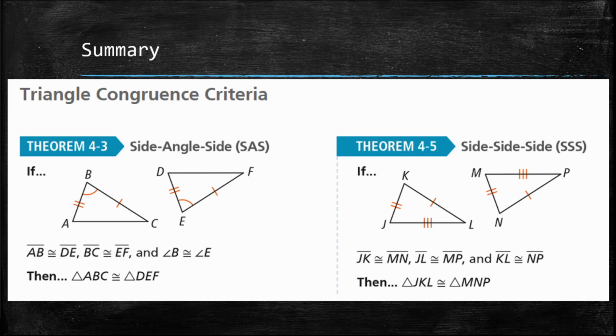And just one more time, the way I remember it is cool people can teach calculus, and this is why Mr. Fimble teaches geometry. So cool people can teach calculus, and this stands for corresponding parts of congruent triangles are congruent.